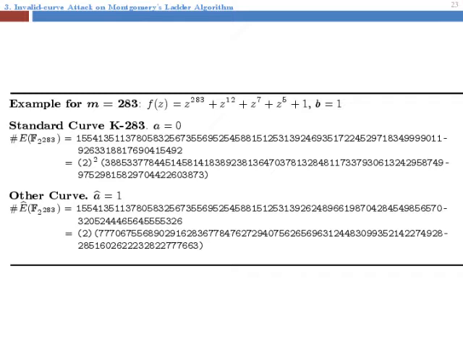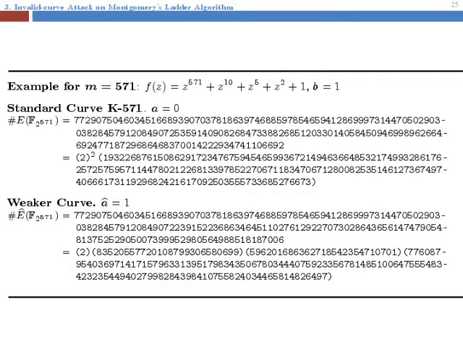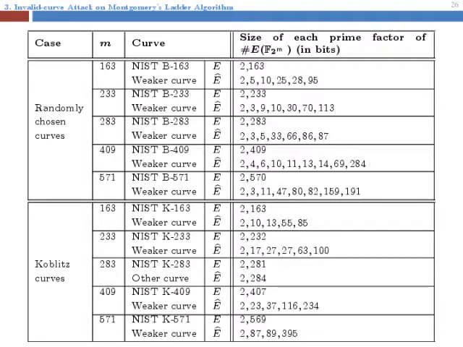For Koblitz 283, one curve has this order, and the other curve also has an almost prime order. This is the only exception, but for the rest of the couples, we have a weaker curve only by changing the parameter A. Okay?